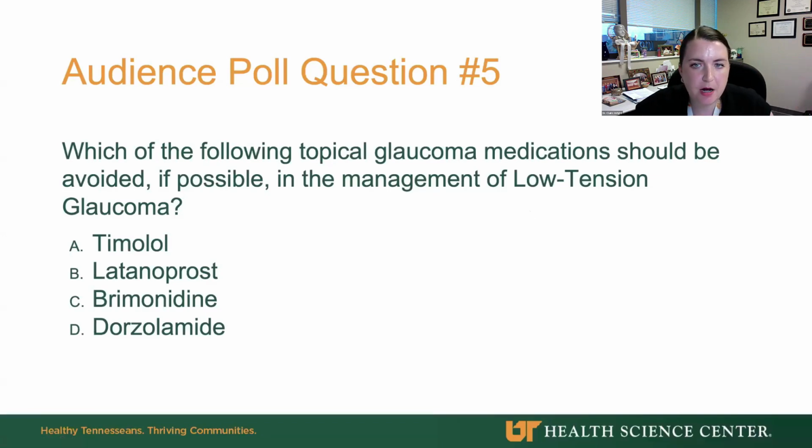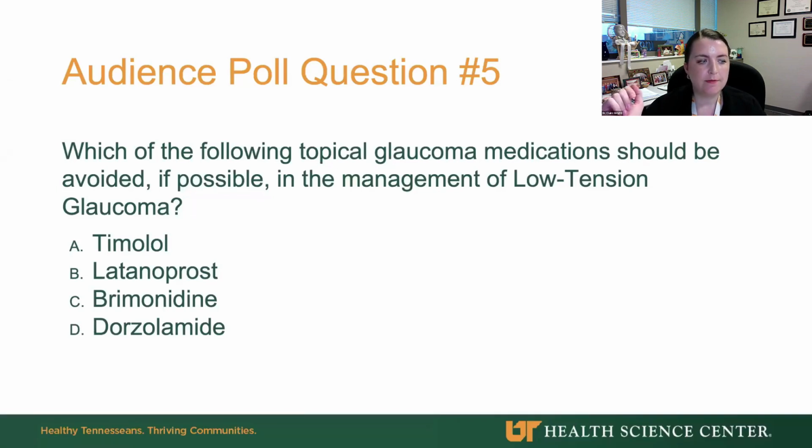Great. So about 3/4 of you answered correctly. The correct answer is timolol. In various studies of treatment of patients with low tension glaucoma, timolol has been found, especially when compared with brimonidine, to actually result in visual field progression despite adequate pressure lowering.